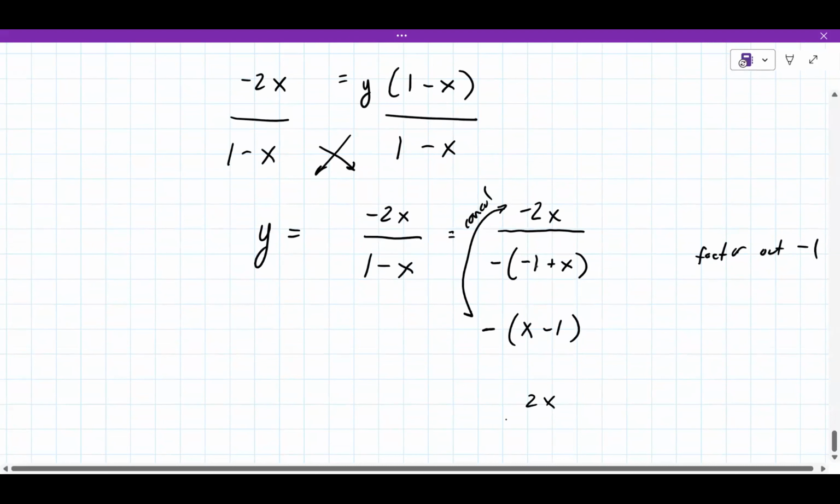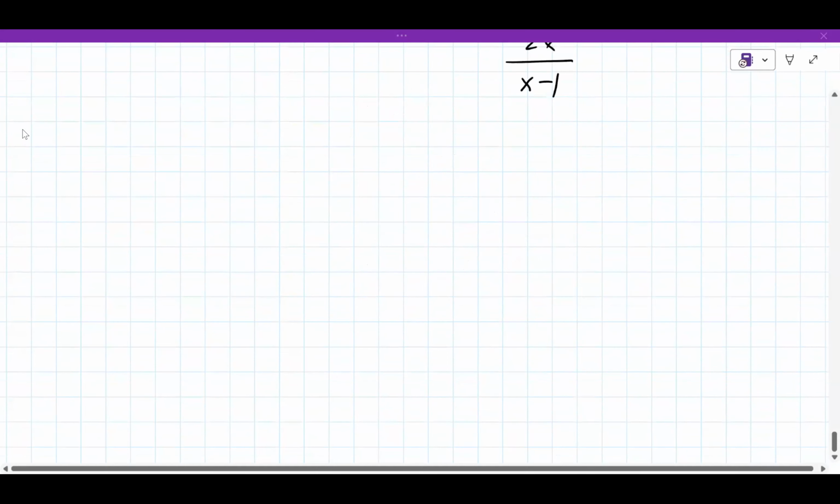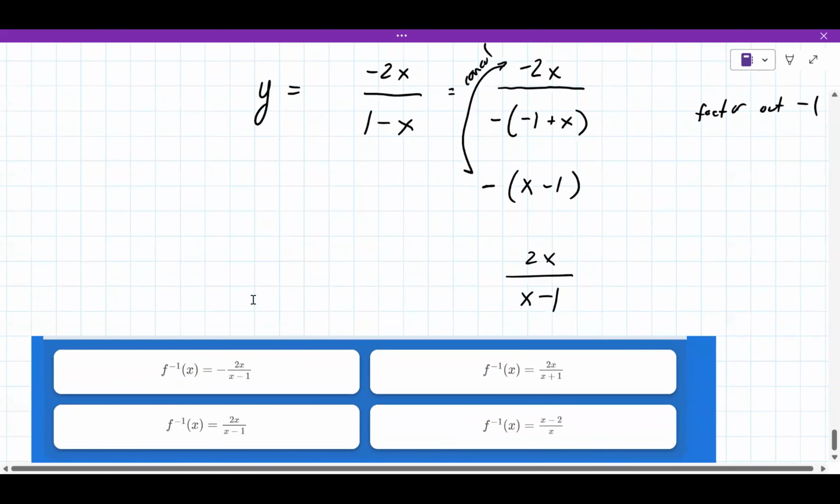So you end up getting 2x over x minus 1. All of that last little bit was necessary to determine the correct answer, because the correct answer didn't have a minus 2x. It had an x minus 1. This is a 2x over x minus 1. That's that one there. Is that okay? Yeah, that's fine.